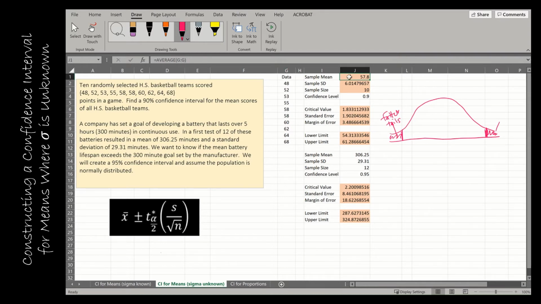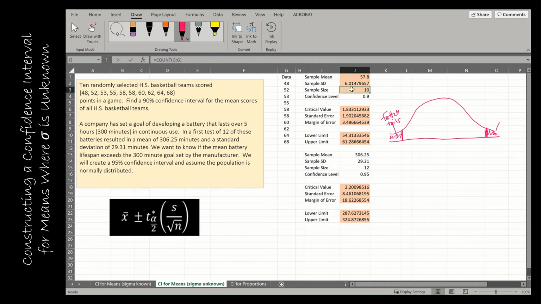So this says find the average of that. This says find the standard deviation of the sample, so make sure you use STDEV.S for sample. And again, I'm using the whole column of G. And then I did count. And now obviously for count, I could have just said, oh look, I counted, there were 10.